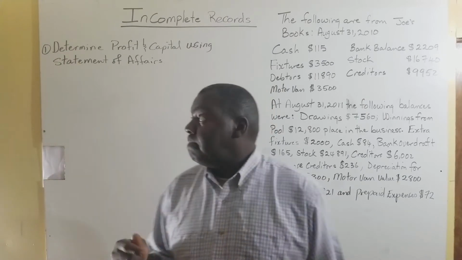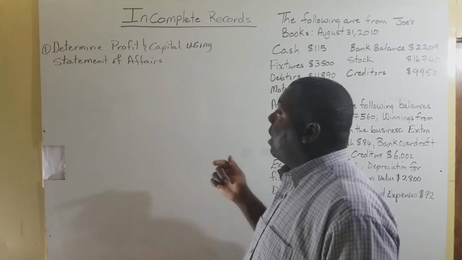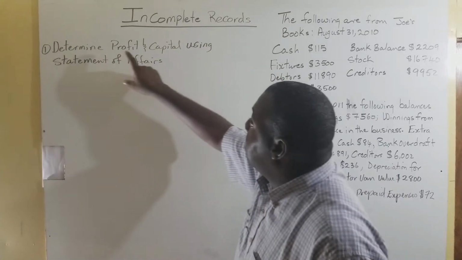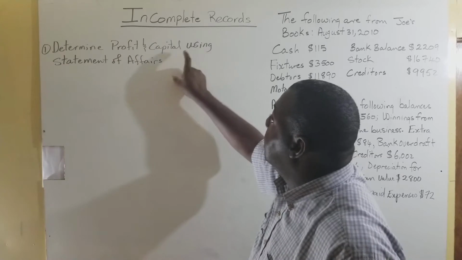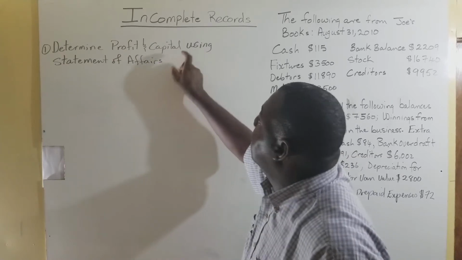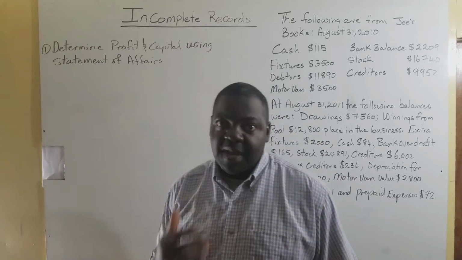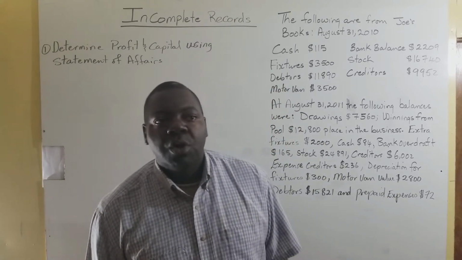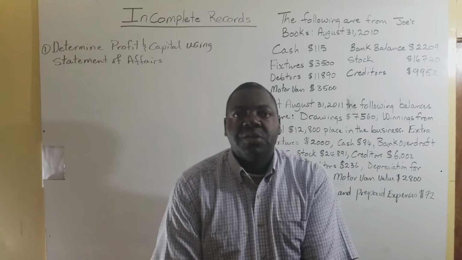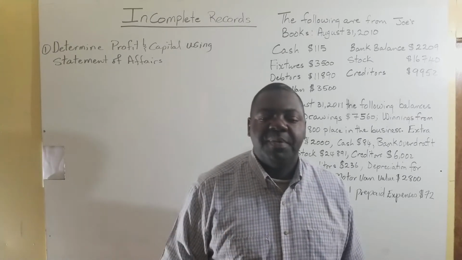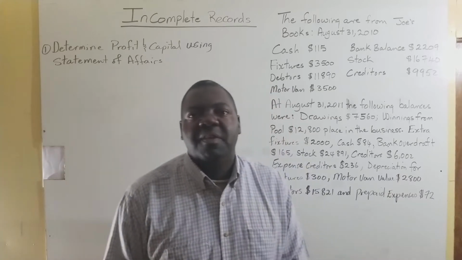All right. So we are going to be using our time now to determine profit and calculate capital, using the statement of affairs. From time to time, businesses will require to determine their profits and their capital from the information that they have given to you.